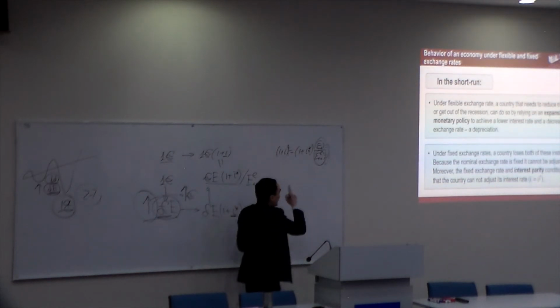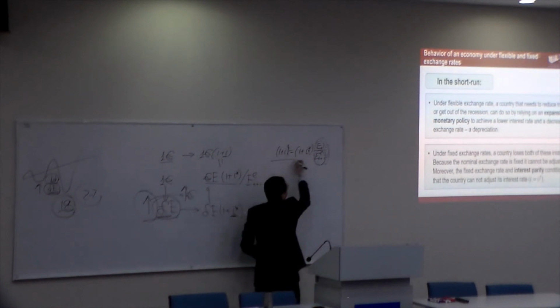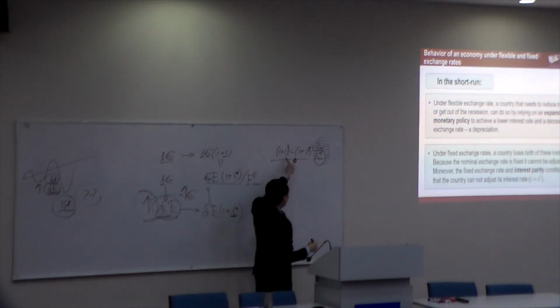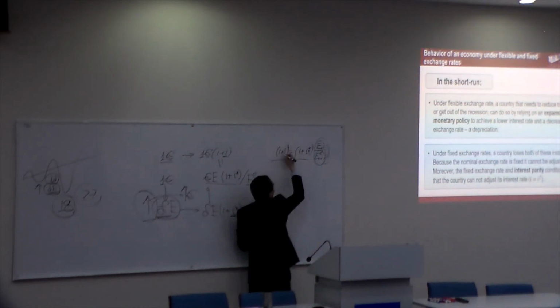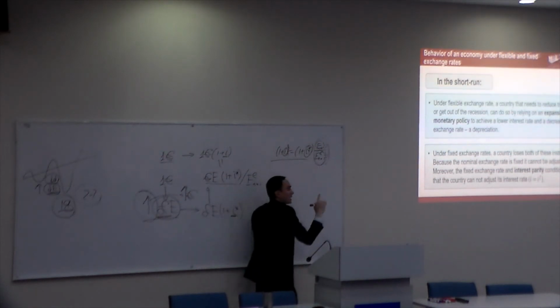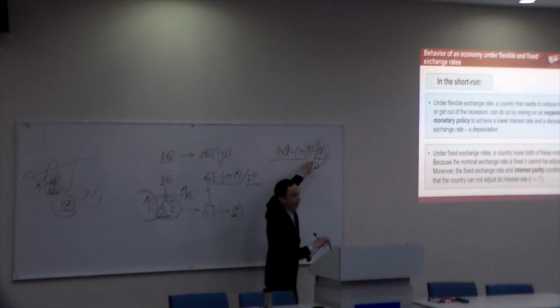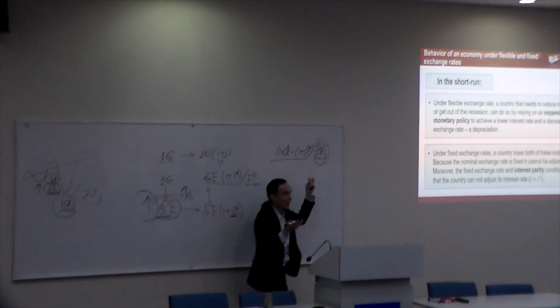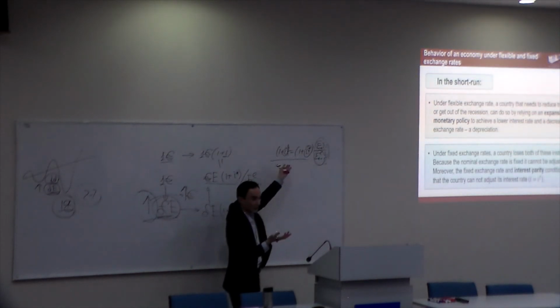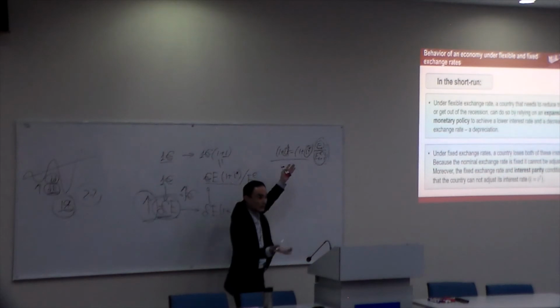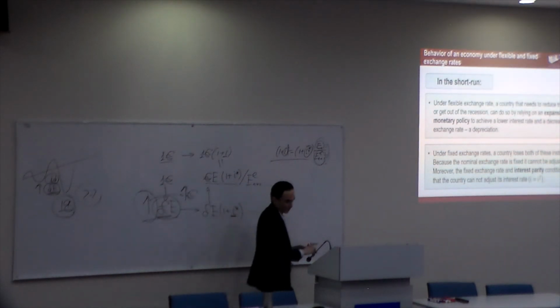Therefore, for an economy such as the Eurozone, if they have a fixed exchange rate, their interest rates must be equal. If one is going to fluctuate, it will lead to trade imbalance. One country's trade will be increasing while the other's will be decreasing. It will be an imbalance, okay?